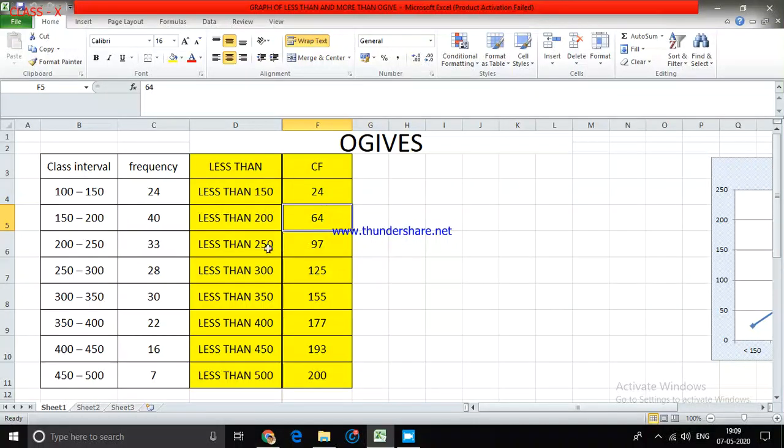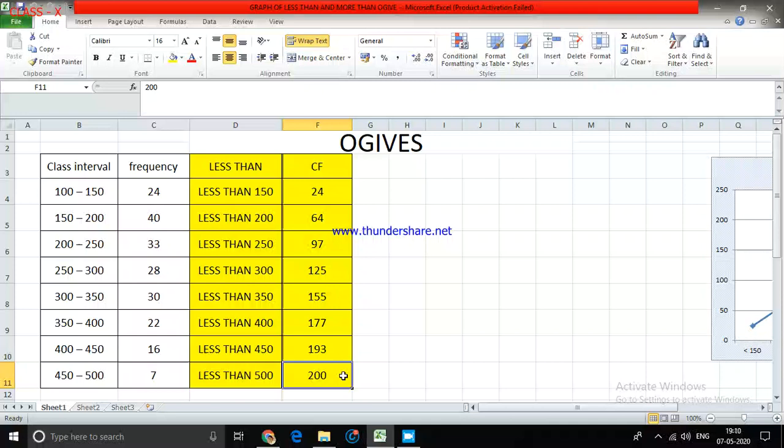Then less than 250 is the sum of all these three numbers, that comes as 97. Then less than 300 is the sum of all these numbers, that comes out to be 125. Then less than 350 is 155. I'll go till less than 500. Less than 500 means the sum of all these numbers.